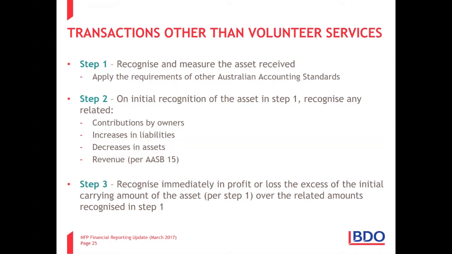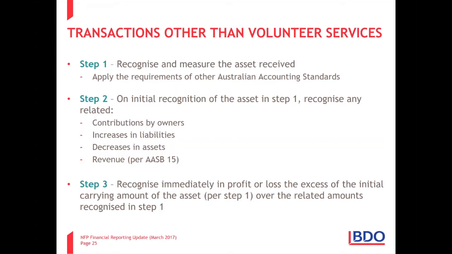Step 1 is when you receive an asset or cash, a vehicle, a building, whatever you receive, whether you receive it through a grant or a donation, it doesn't matter. When you receive that asset, you would apply the requirements of the Australian accounting standards, all of them, to determine how to account for it.